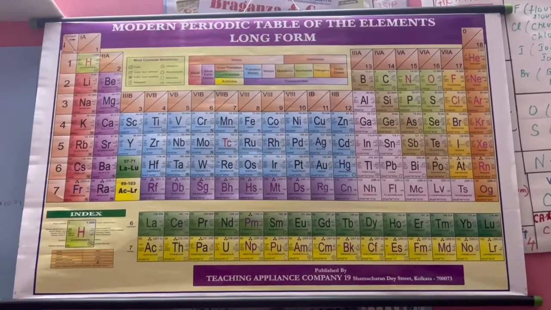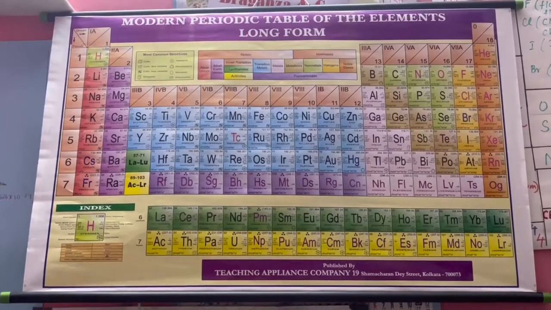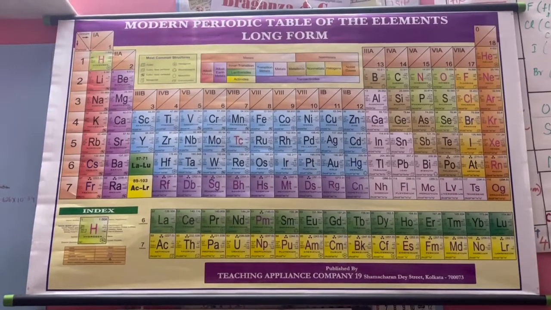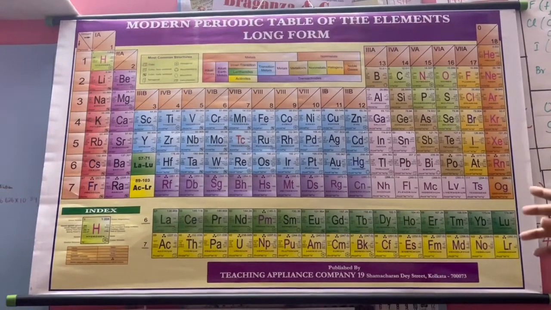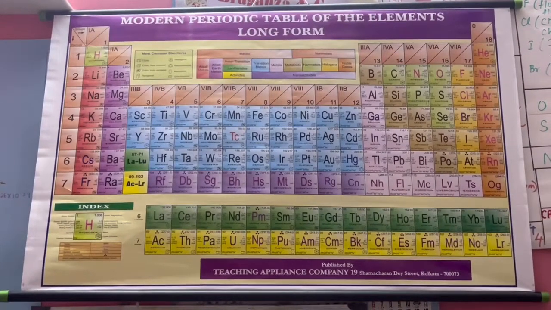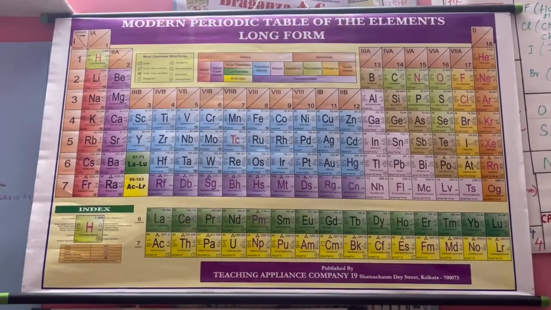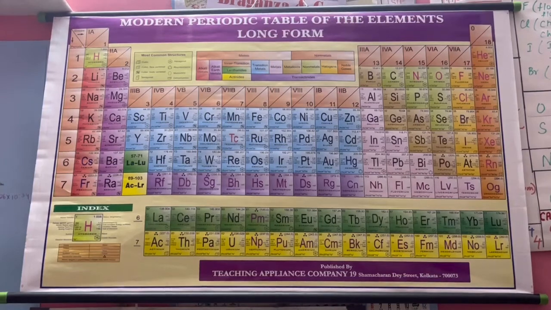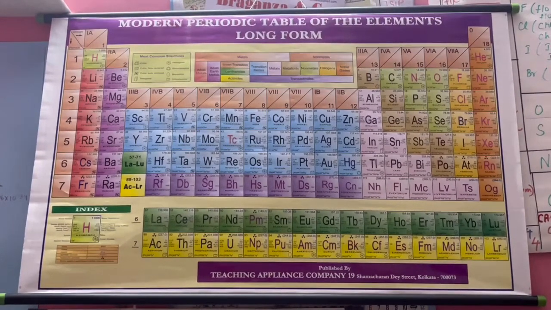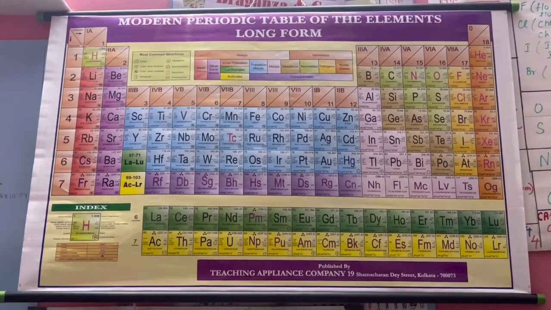Because we already know an atom is highly stable when it completes its doublet or octet rule. The doublet rule is possible only in case of the first shell, that is the K shell. The K shell can accommodate a maximum of 2 electrons. So if the K shell has completed its doublet, doublet means double, then it will be highly stable, which is possible in case of helium. But hydrogen has 1 electron, so it is highly reactive.